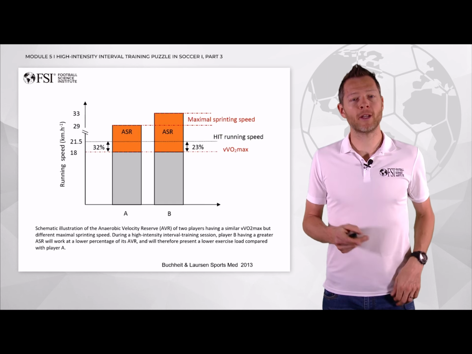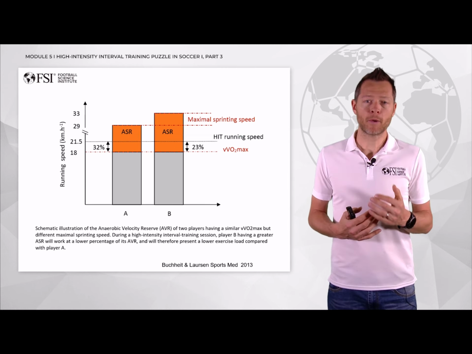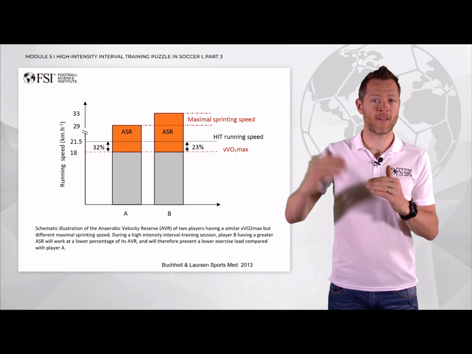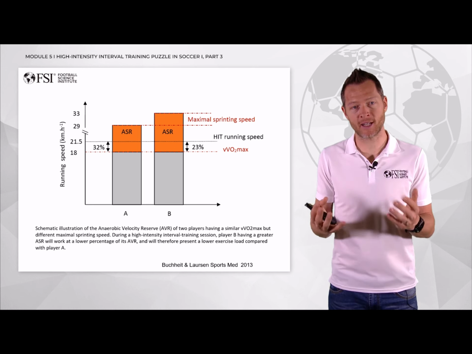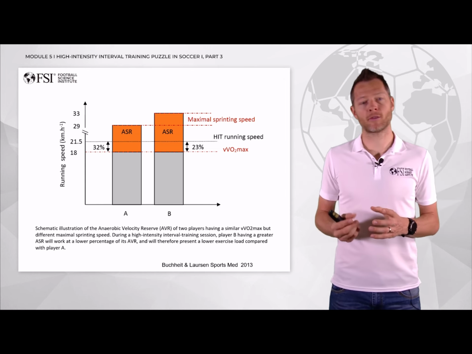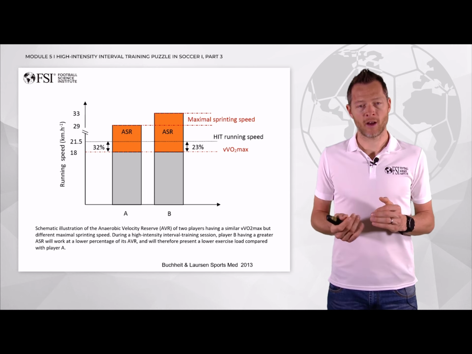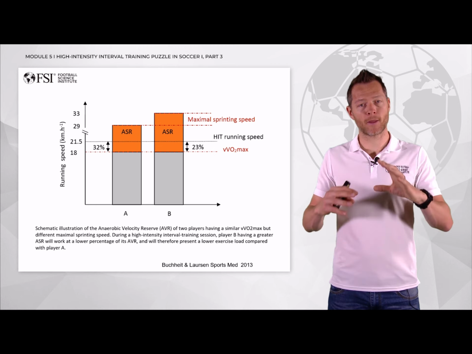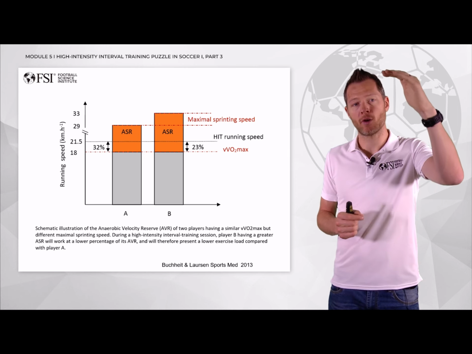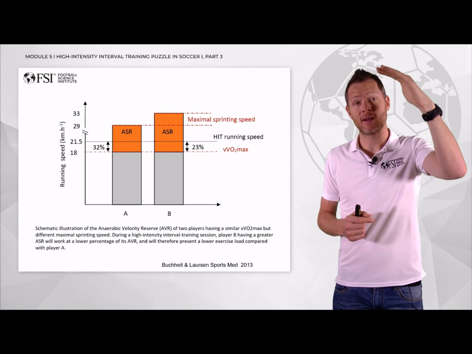But most of the time, when we implement short intervals, for example, we perform those intervals at a speed that is higher than the maximal speed of the incremental test or VO2 max. If you look at this graph, we're now thinking about the concept of what we call the anaerobic speed reserve, which is a representation of the locomotor profile of an athlete, where at the top of the locomotor spectrum we have maximal sprinting speed.